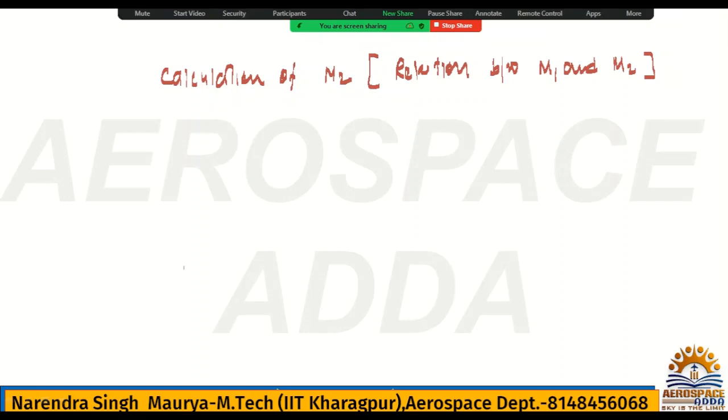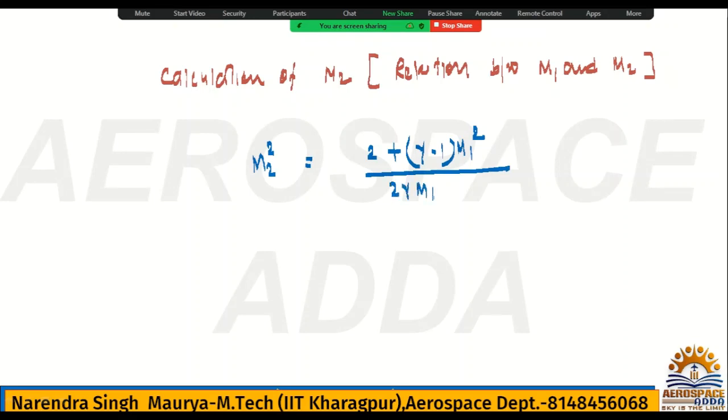So what is the formula? M2 square is equal to 2 plus (gamma minus 1) M1 square, divided by 2 gamma M1 square minus (gamma minus 1).